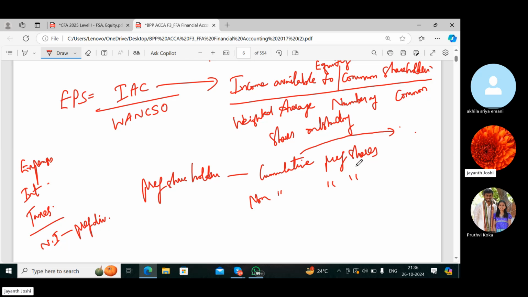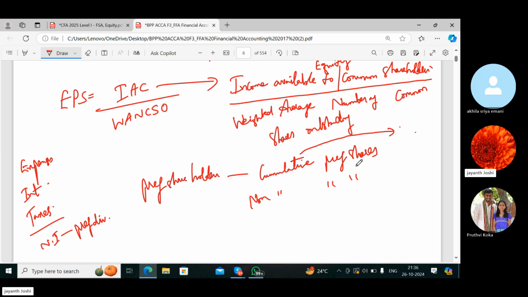The meaning here is, if they don't get dividends this year, whether the company declares or not doesn't matter, they will definitely earn them next year if not this year.